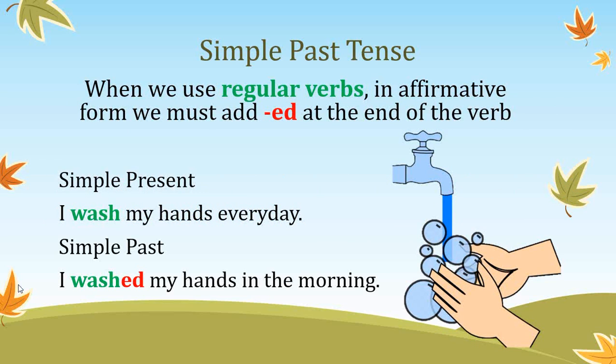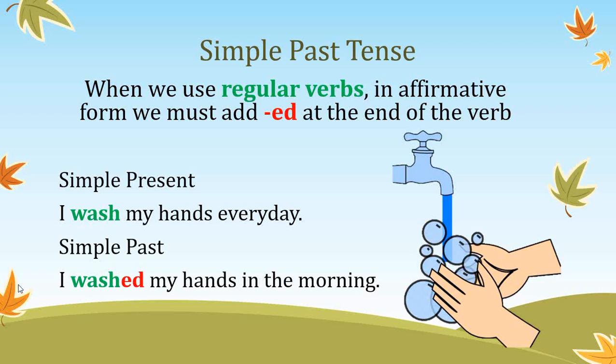When we use regular verbs in affirmative form, we must add the termination or the ending ed at the end of the verb. For example, in simple present, we have the sentence, I wash my hands every day.